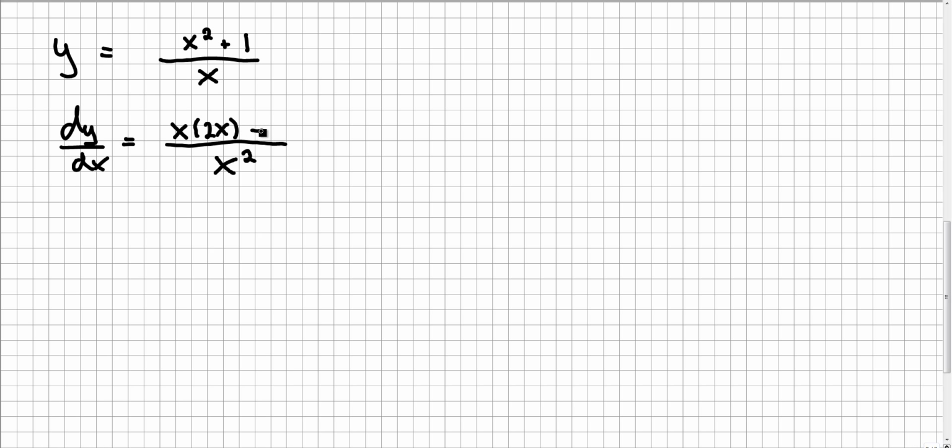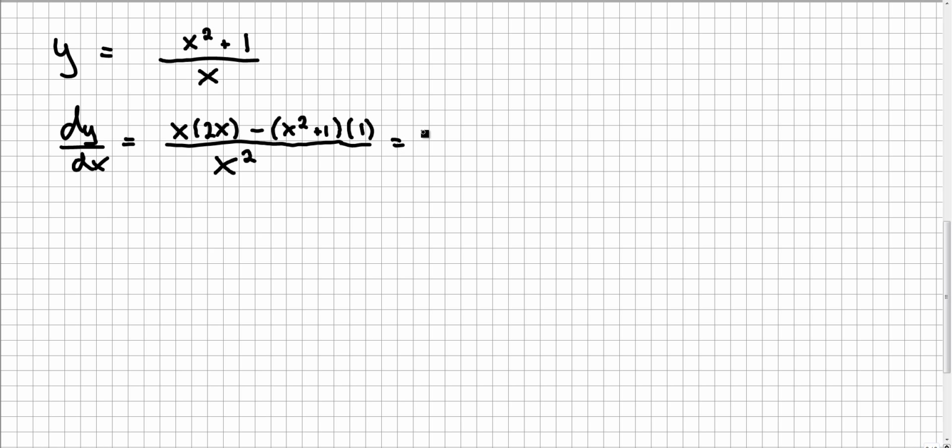And then it's always minus. Then we're going to write out the function up here, which is going to be x squared plus 1 times the derivative of this function, which is going to be 1.